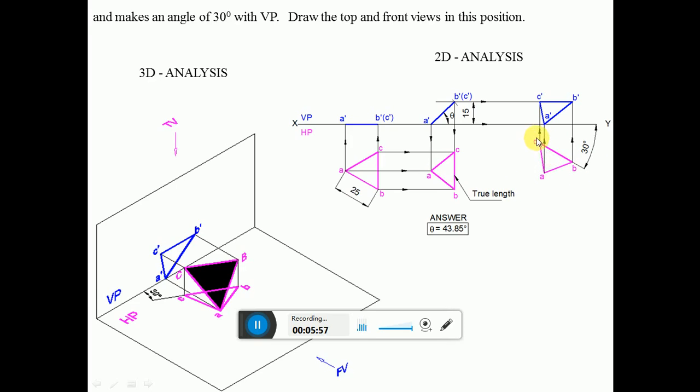Then draw a vertical projector from A and a horizontal projector from A dash. You get this point A dash. Draw a vertical projector from B dash and a horizontal projector from B dash to get this point. Similarly, draw a vertical projector from C. You already projected this, so you get the point C dash. Join these to get this triangle in the front view. So how to analyze this finally?